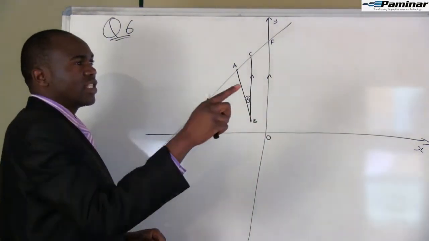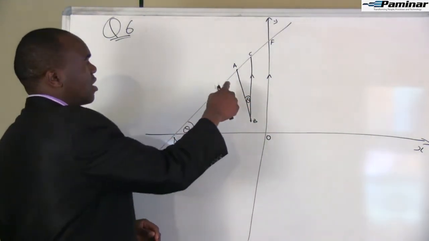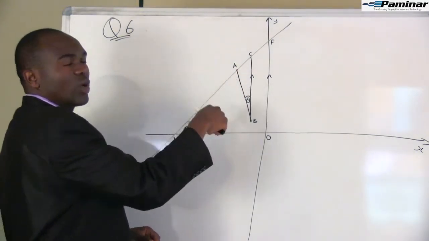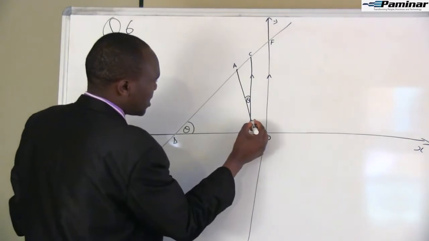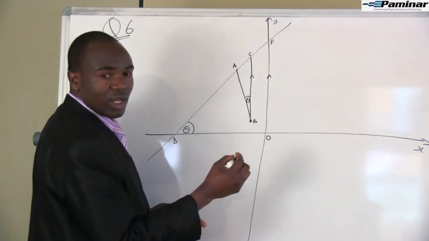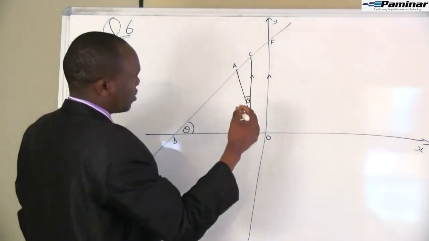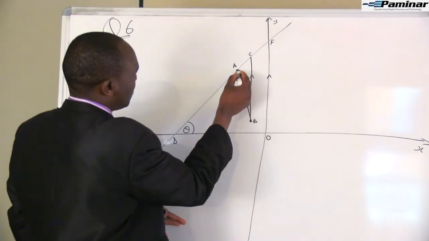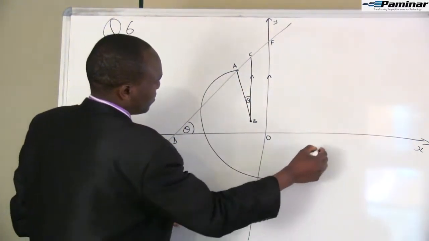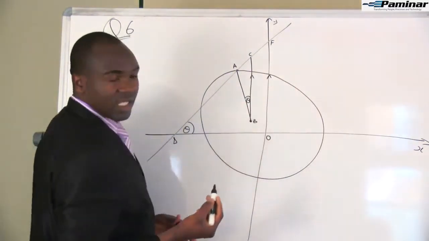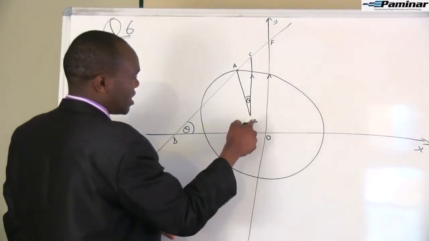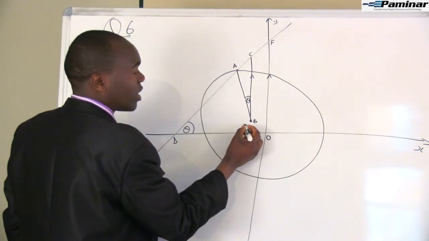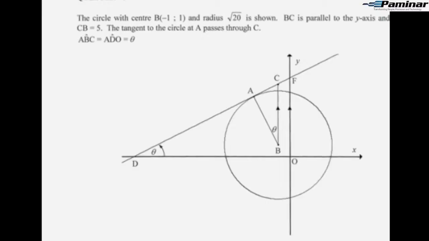Now, the tangent to the circle at A passes through C. So what we are going to do, this is the center of the circle, the one that they are talking about, right? Let's just try to draw it. Now they are saying the circle center, this is the center, minus 1, 1.